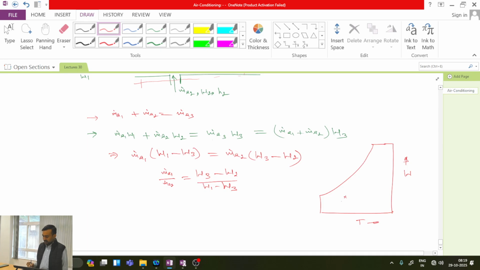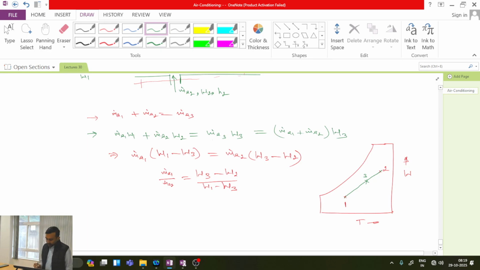and say this is my stream 1, this is stream 2. When these two mix, ultimately I will get some point 3. How far or how close point 3 is from state 1 depends upon their mass fractions.